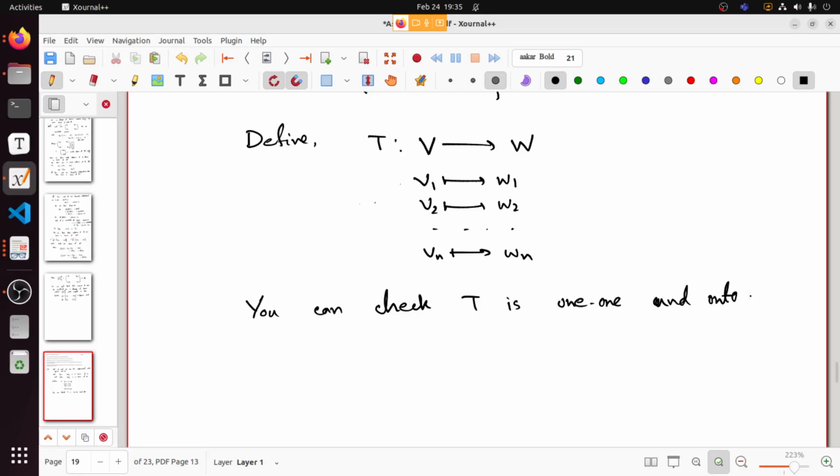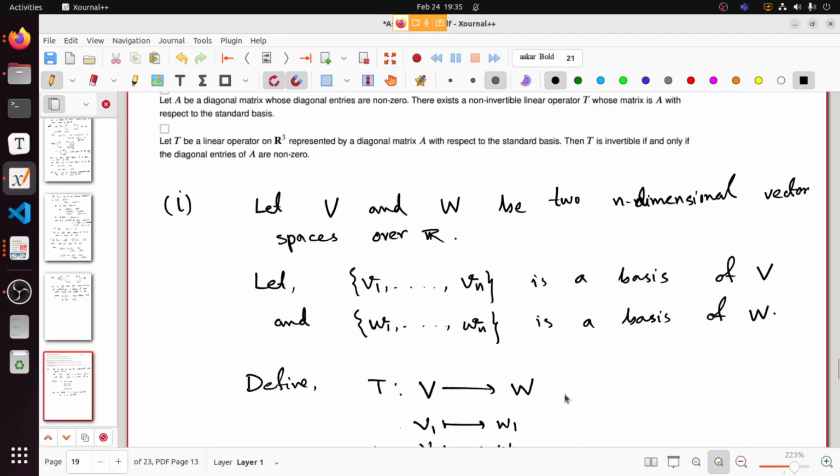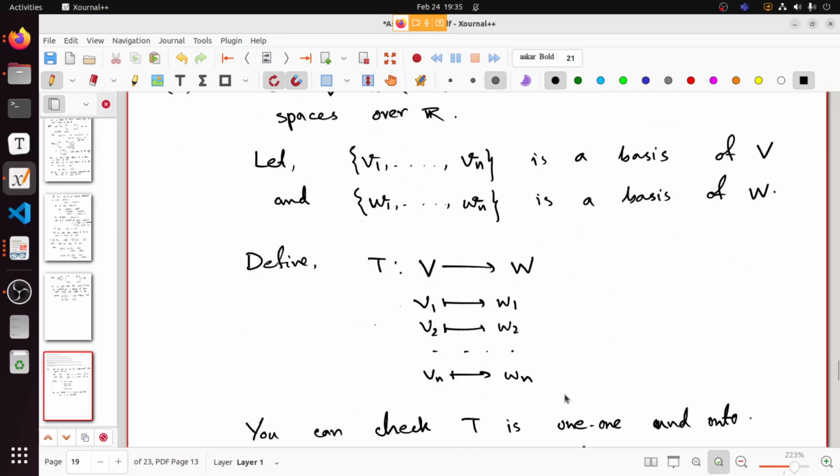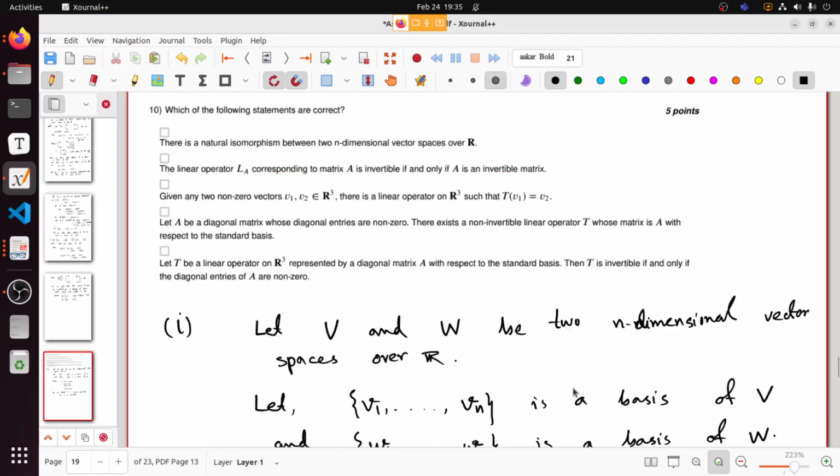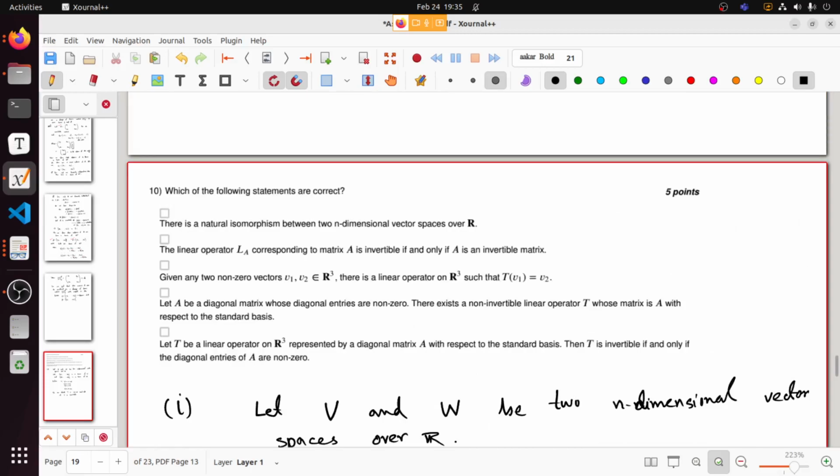So T is one-one and onto, which implies T is invertible. So there is a natural isomorphism. And this is natural because you have done nothing, you have just picked two bases and sent basis to basis. So there is a natural isomorphism between n-dimensional vector spaces. So option number 1 is correct.